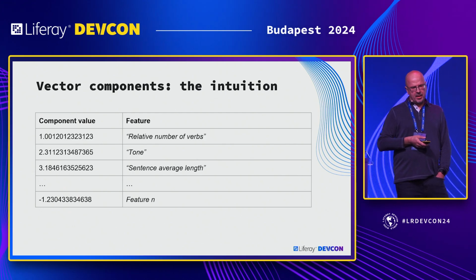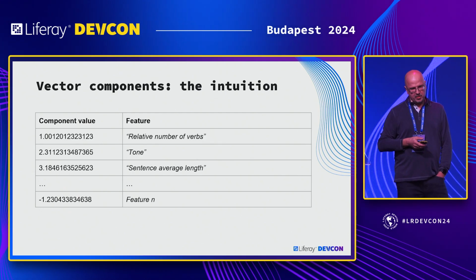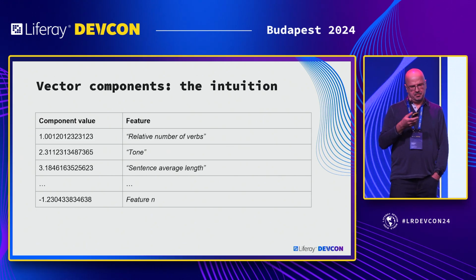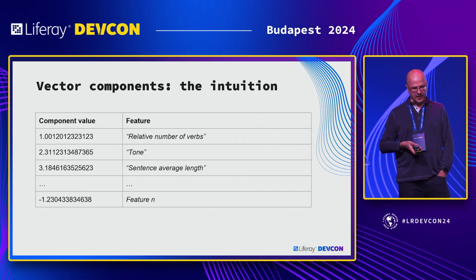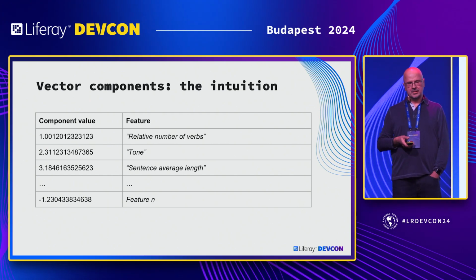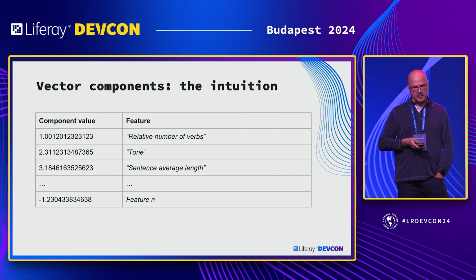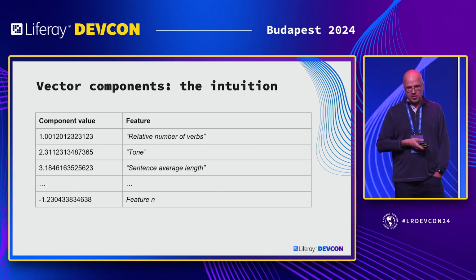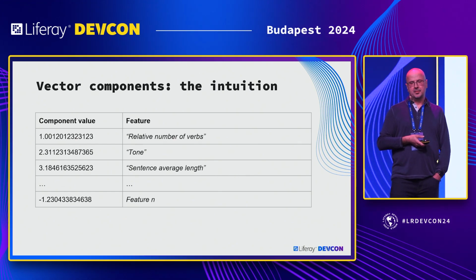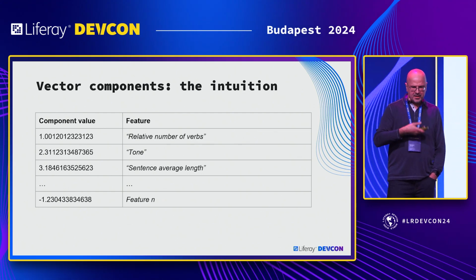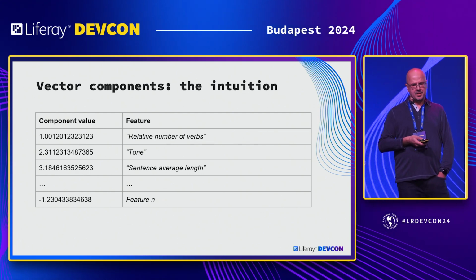The right column is some feature. It could be like the relative number of verbs or tone, etc. And the left column is the dimension or vector component giving a quantity for that. In reality, these features are not human-generated, but computed automatically by a neural network. But this is the intuition and the mechanics.